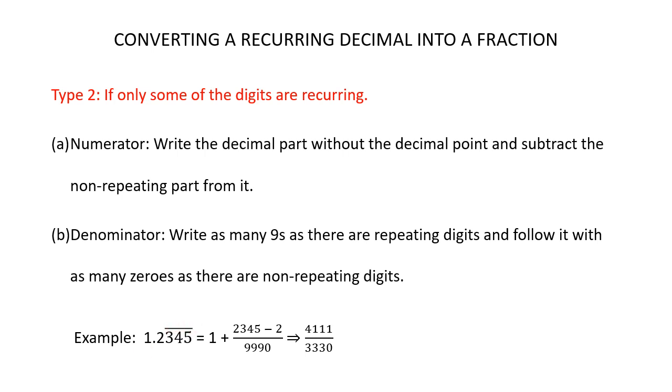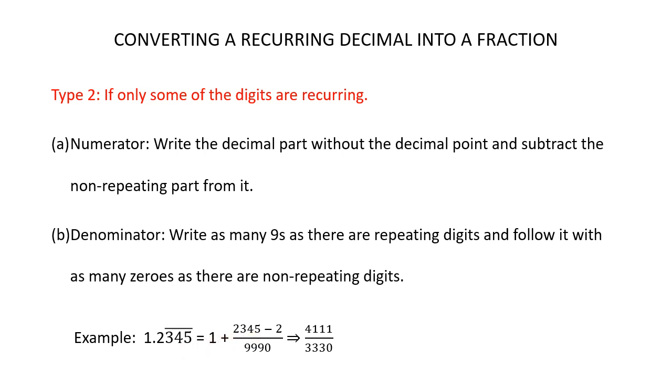So 1 is the whole number, 2 is the non-repeating digit, 3, 4, 5 are the repeating digits. So write 1 as it is. Now for the numerator, write the decimal part without the decimal point and subtract the non-repeating part from it. So write the decimal part without the decimal point.